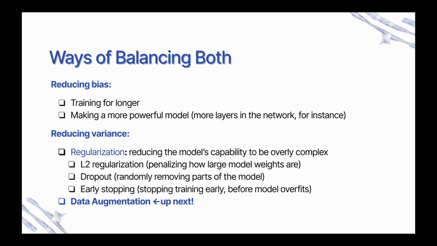So what are some techniques you can use to do that? One way of definitely reducing variance is by reducing the size of your model, but ideally, you don't want to do that, because a bigger model means a more powerful model. So rather than reducing the size of your model, one thing you can do is L2 regularization. This basically penalizes the model for how large its weights are.